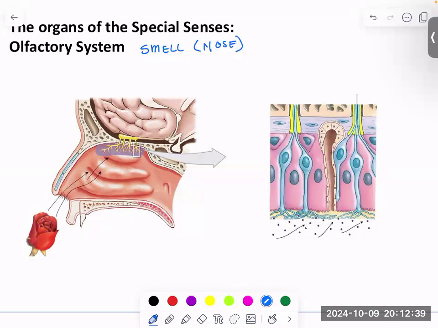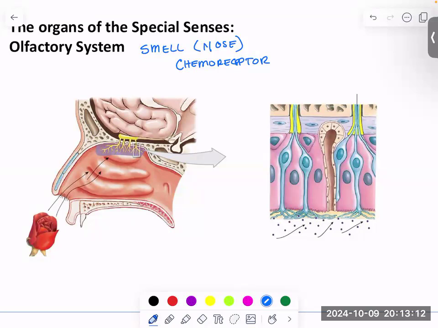What is scent? What are you detecting in the environment when you smell something like a rose? It is a chemical receptor. Chemical receptors can be general senses, like the ones at your skin, or special senses, like the one in the nose.